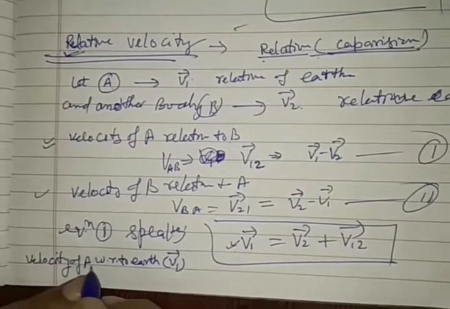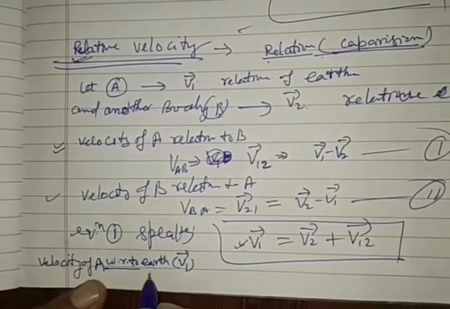Velocity of A with respect to Earth is v1.